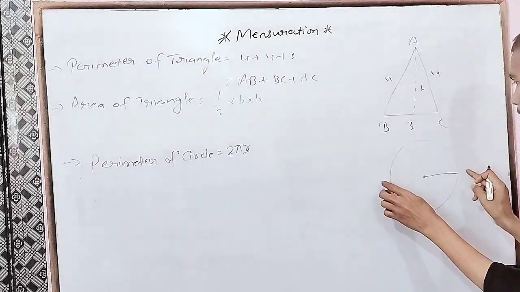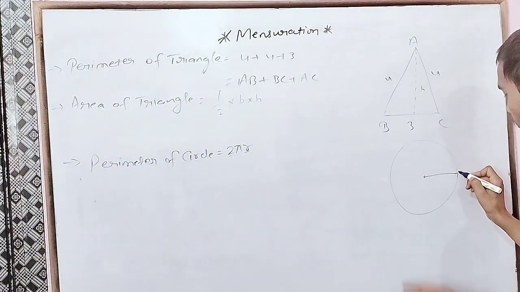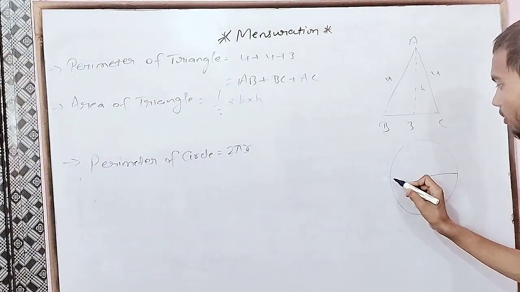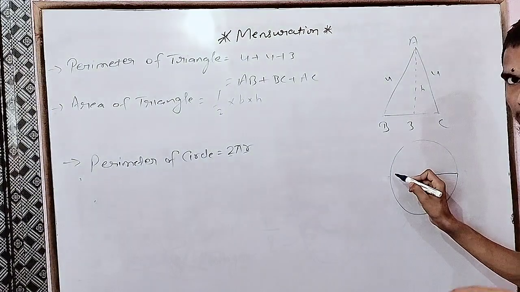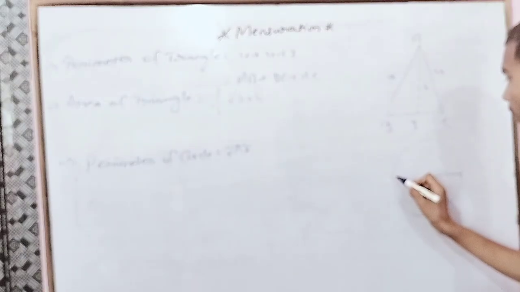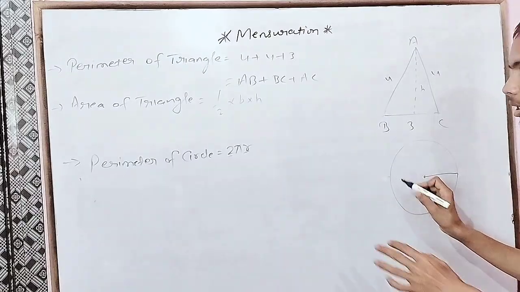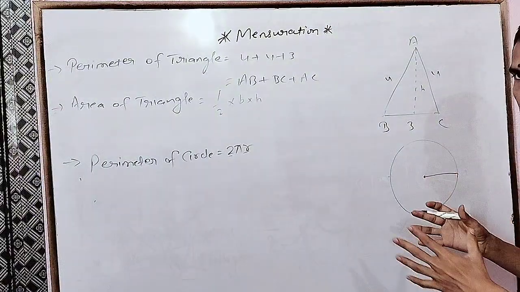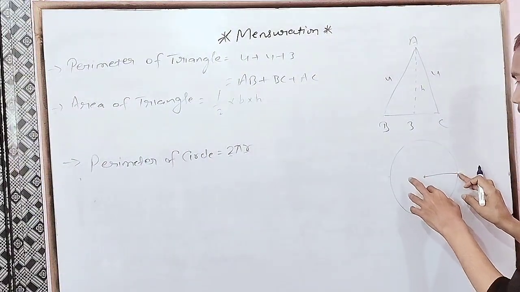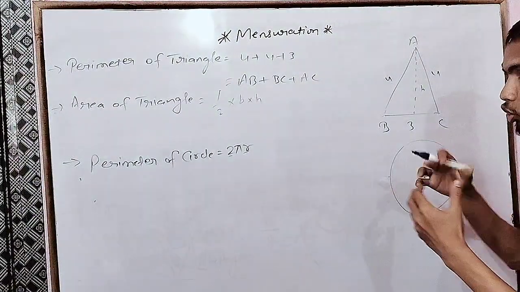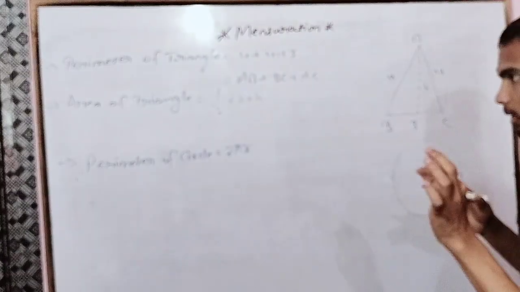From here to here, not exactly a straight angle but a little upper, is 2 pi? No, only pi.